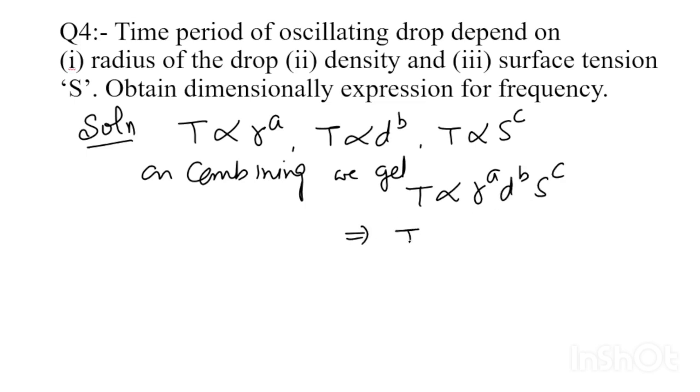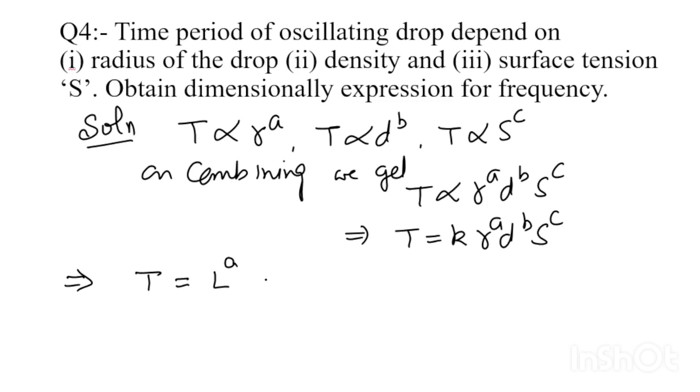So this implies t equal to constant k, r power a, d power b, s power c. Now we put the dimensions. The dimension of time period is t, equal to radius L.